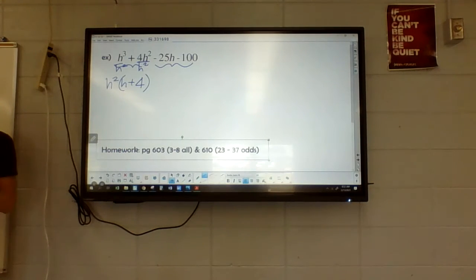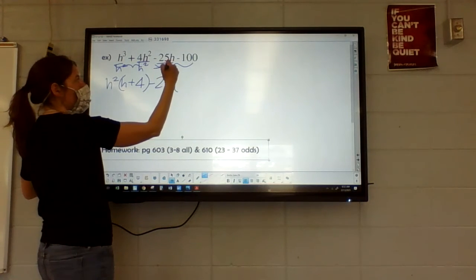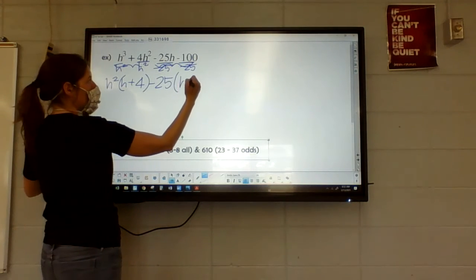How about those second 2 terms, what do you take out? A negative 25. Kind of a big number there. Divide that out, so we get h plus 4.